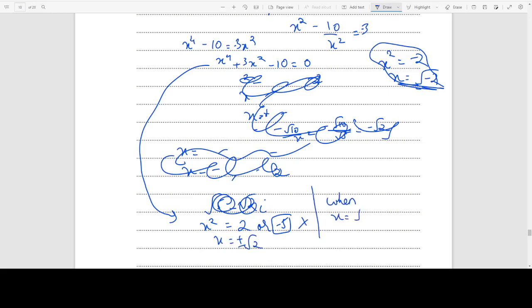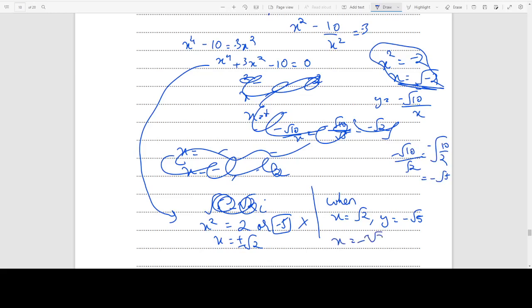When x equals root 2, remember y was minus root 10 upon x, so y is equal to minus root 5, because minus root 10 upon root 2 is minus root 5.